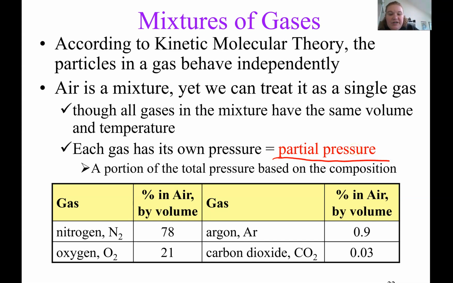And this pressure is going to be a portion of the total pressure based on the composition of the gas. So we have some numbers down here of percent composition in air of nitrogen, oxygen, argon, and carbon dioxide. And so the air we breathe is 78% nitrogen, 20% oxygen, and so on. We're going to use these percentages on the next slide, though. It's going to help explain something.